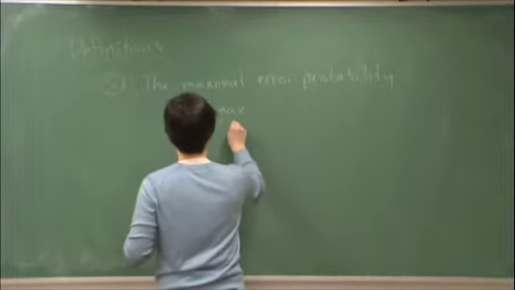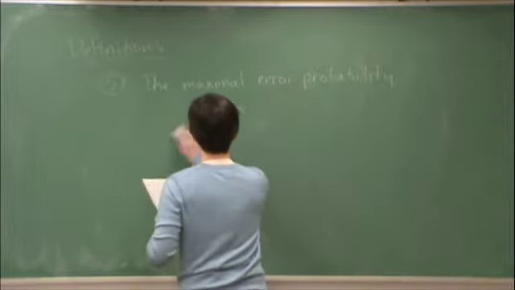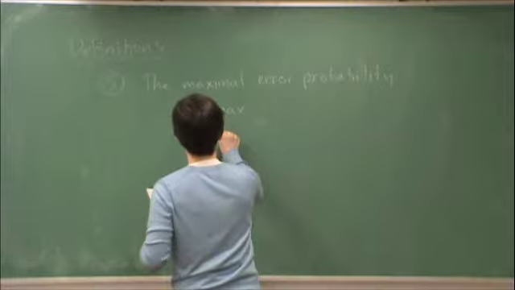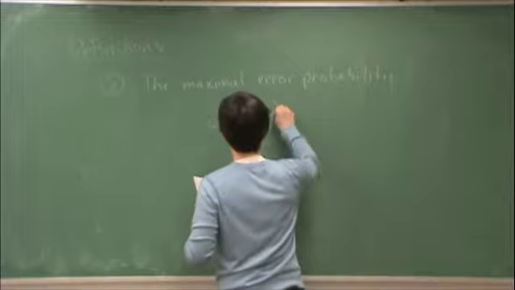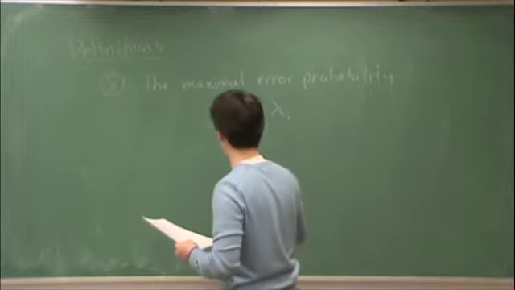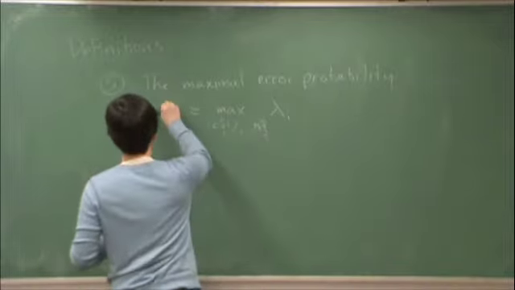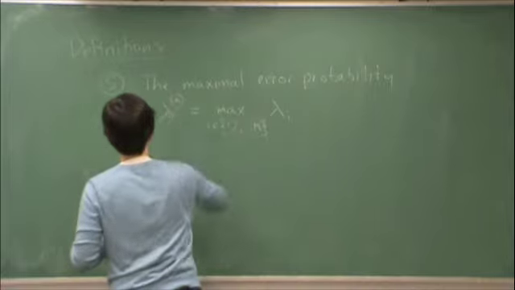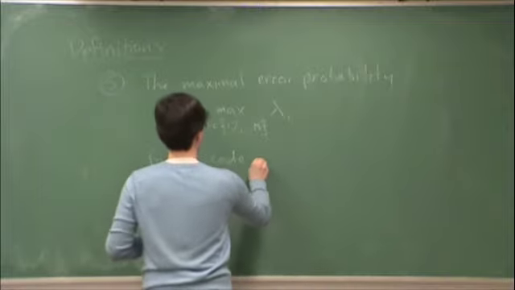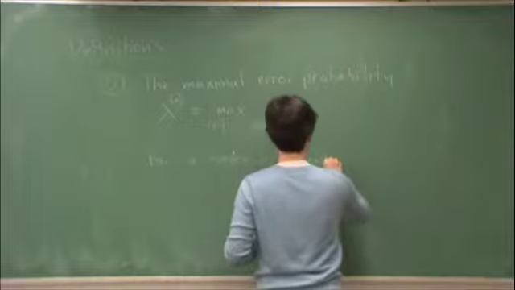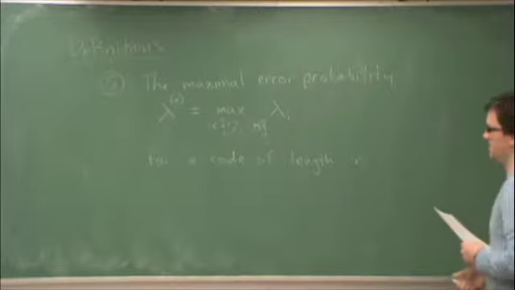So in other words, I is somewhere between 1 and capital M. You could also write this as the max over I in 1, 2 up to capital M of lambda I. And we will give that the symbol lambda superscript brackets n, representing a code of length n. So that is the probability of error of the worst possible input message.